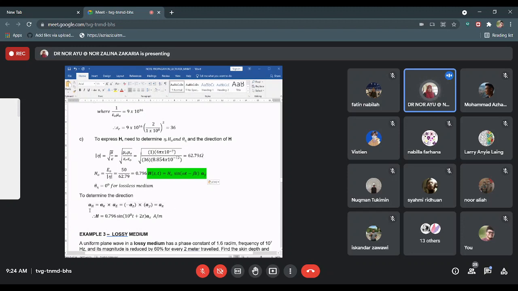Alright, so don't forget to find the direction of your wave propagation, the H direction. Again, aH is the one you need to find. So aK cross aE. You know the direction of aK just now is negative aZ, and the direction of your aE is aY.